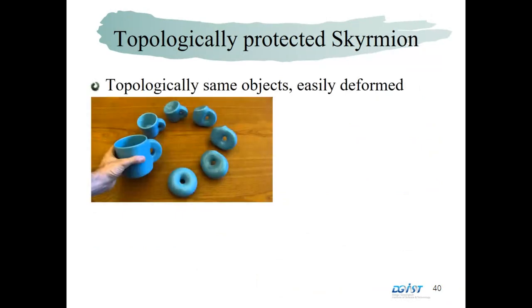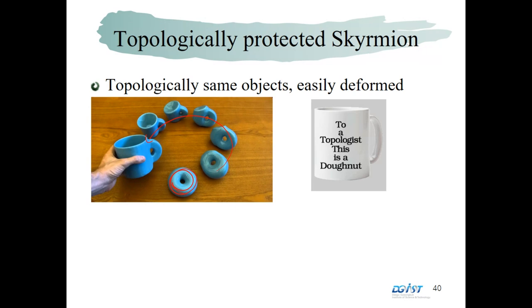So what's the meaning of topologically protected? You may have heard about topology in mathematics. The donut can be deformed to the cup. There is some photo I took from the internet of a topologist. This cup is the same as the donut.